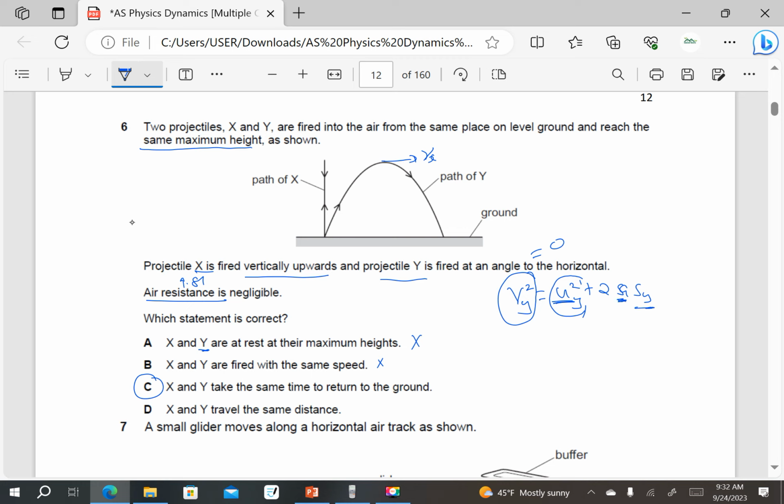So we can find our initial velocity in the vertical. But then if I consider s equals ut plus a half at squared, the displacement in the vertical for both is going to be 0 and the acceleration is the same.